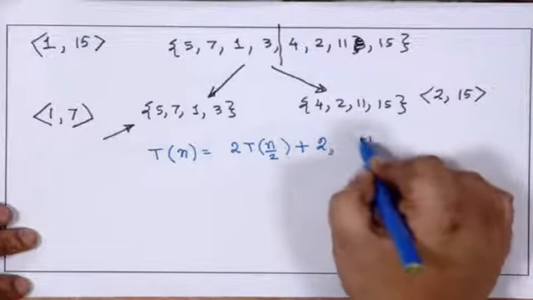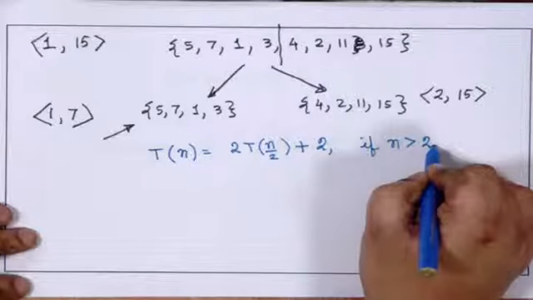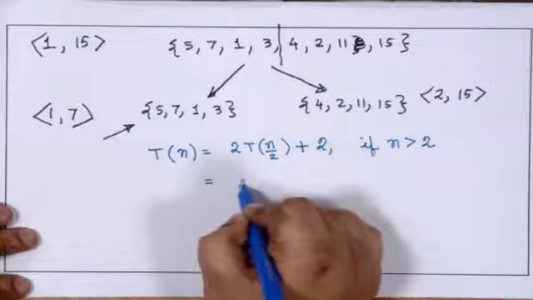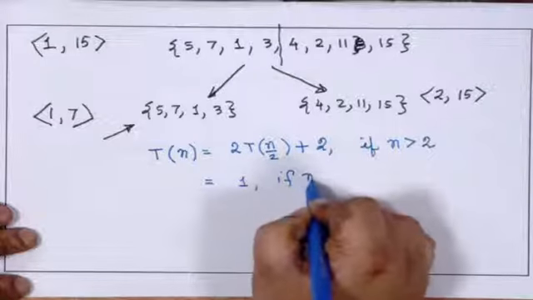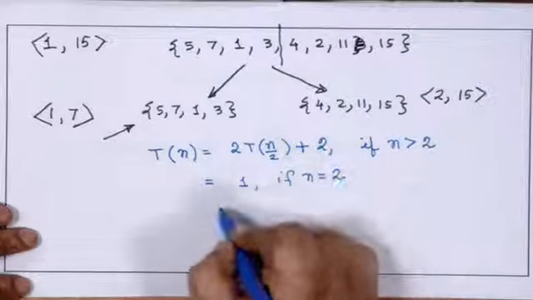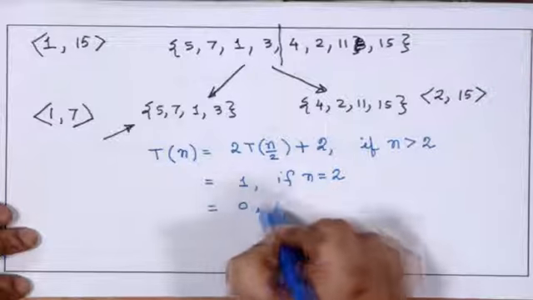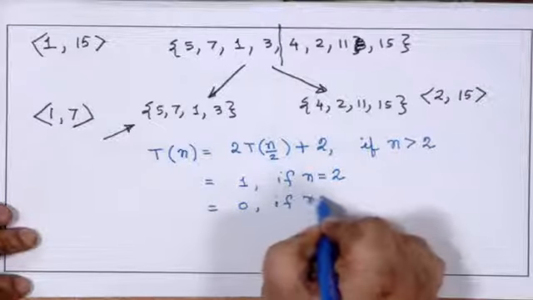This is if n is greater than 2. This would be 1 if n is equal to 2, and 0 if n is equal to 1.